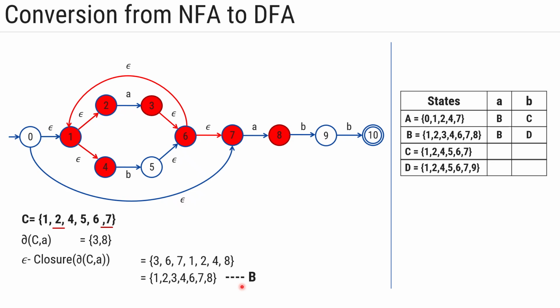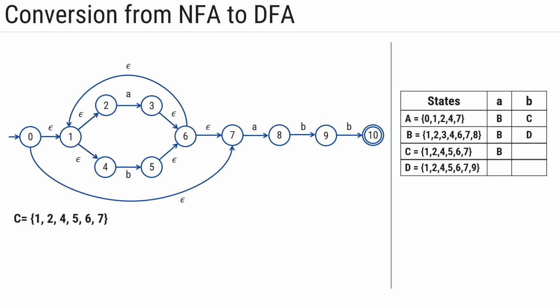So delta of C comma small a will go to B. Okay. You didn't get any new state from the transition on capital C on a. Let us find the other transition, for input small b: delta of capital C comma small b.